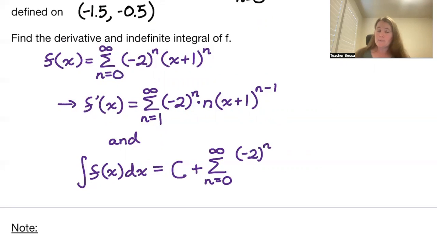We integrate x plus 1 to the n. We would have to divide by n plus 1. And we would then take x plus 1 up to the n plus first. So that was our backwards power rule, right, from earlier in the semester. So these are our derivatives and integrals.